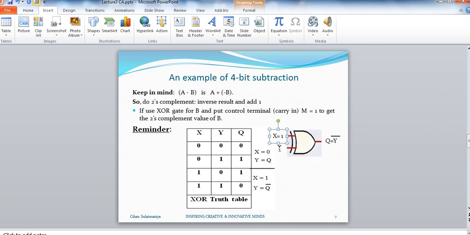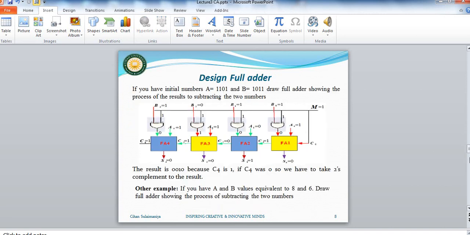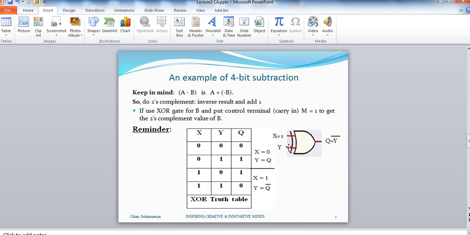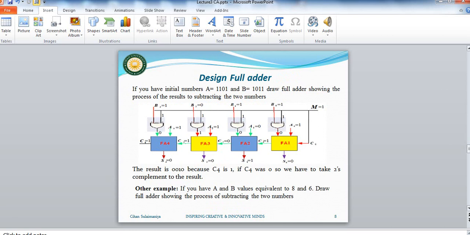If Y is 0, the output of this one will be 1. If Y is 1, the result will be 0. That's what I am going to do. Put an XOR here, and fix this one on 1, the same as this. The output will be the opposite of this number.